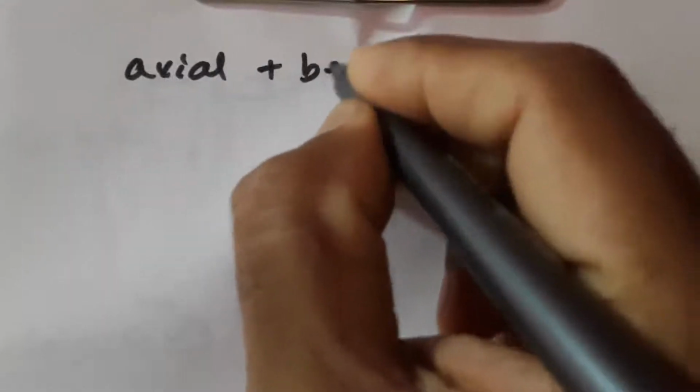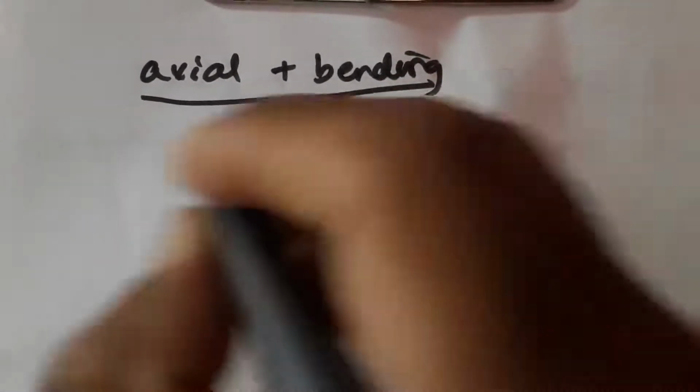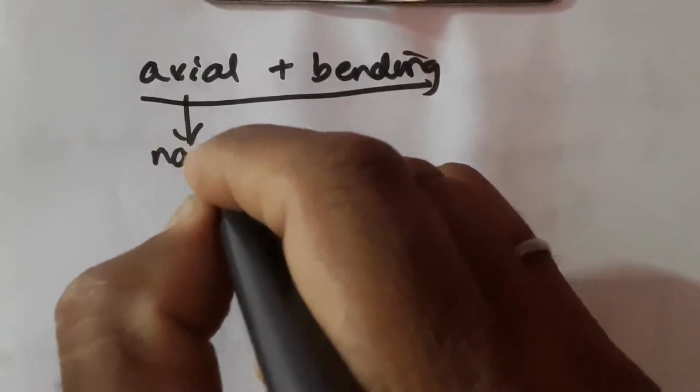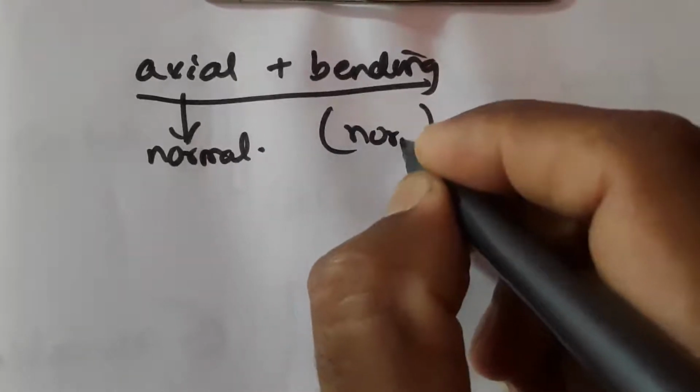Now if the shaft is subjected to axial plus bending, the axial load will produce a normal stress, maybe compressive or maybe tensile, and bending will also produce a normal stress.